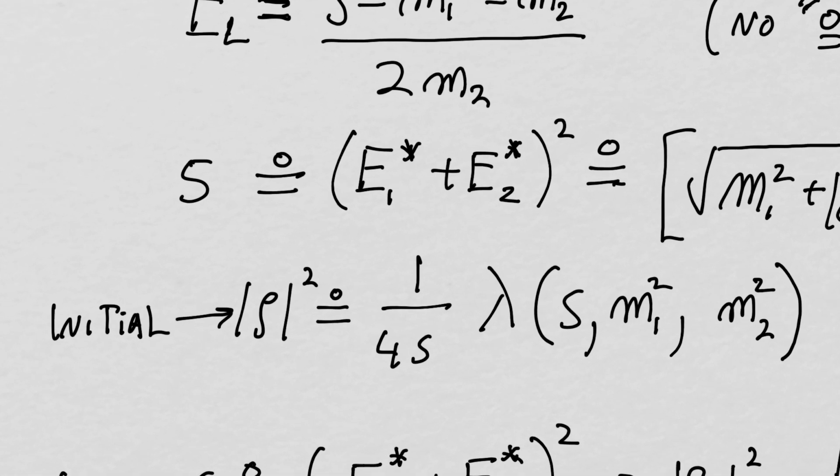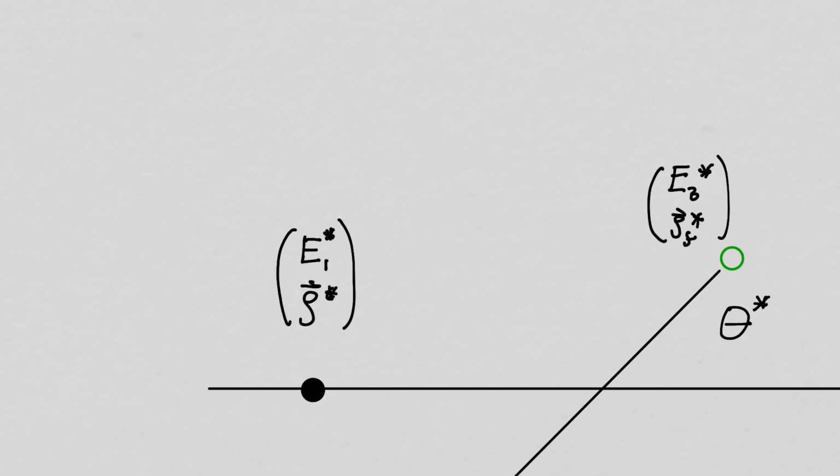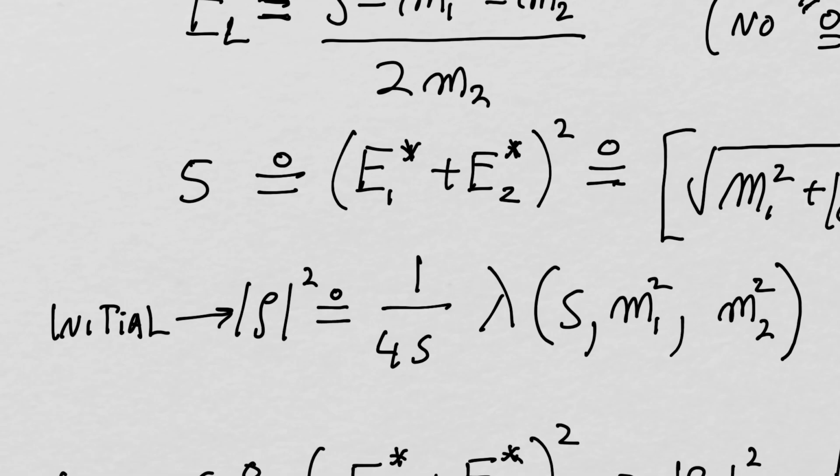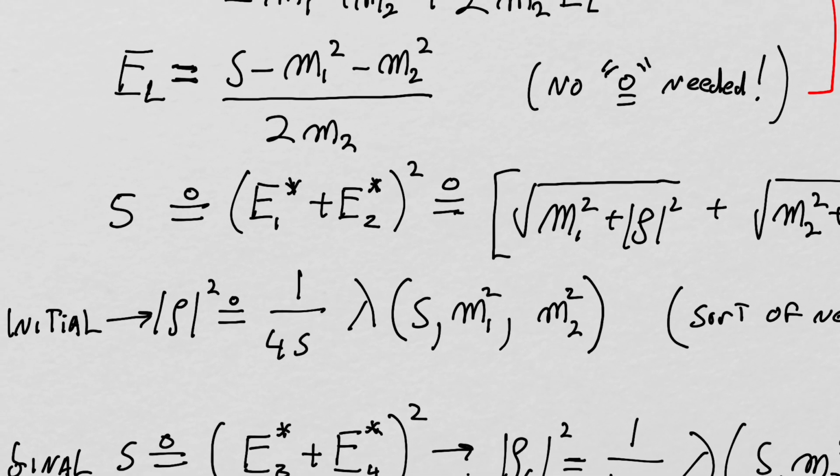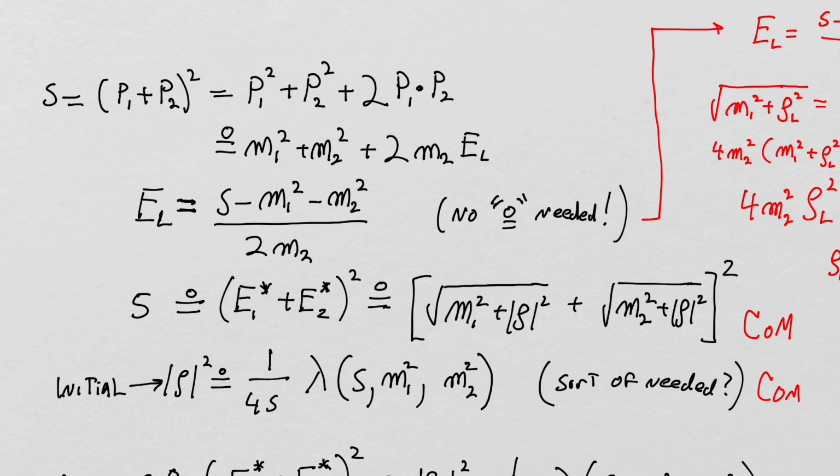And another thing I can solve for is the momentum in the center of mass frame. I might be interested in the momentum of the center of mass frame. That is this value, rho vector star's magnitude, right? And I can solve for that by now going into the center of mass frame, where P1 plus P2 just becomes E1 star plus E2 star because rho 1 star plus rho 2 star cancels to 0.